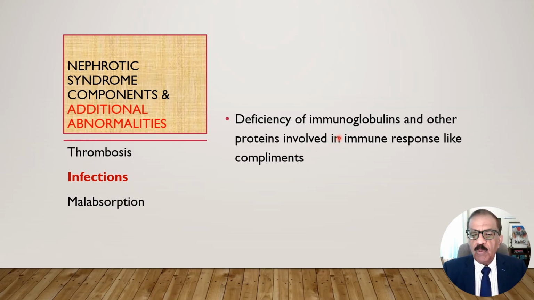So there could be actual deficiency of complement and also deficiency of immunoglobulin and maybe some other proteins, opsonins. So these deficiencies could lead to more predisposition to infection, and this is actually a fact. People with nephrotic syndrome are more prone to get skin infection, urogenital infection, and other infections.